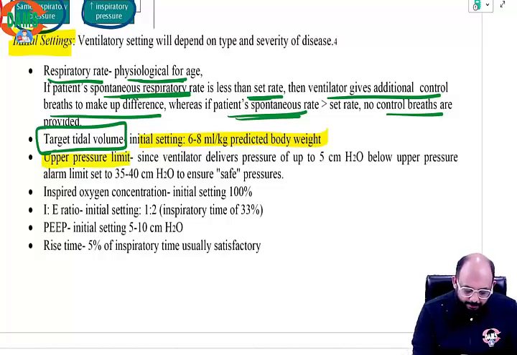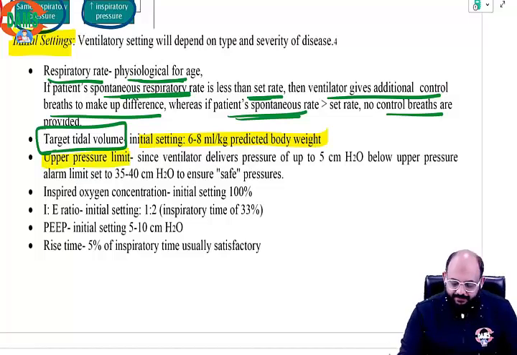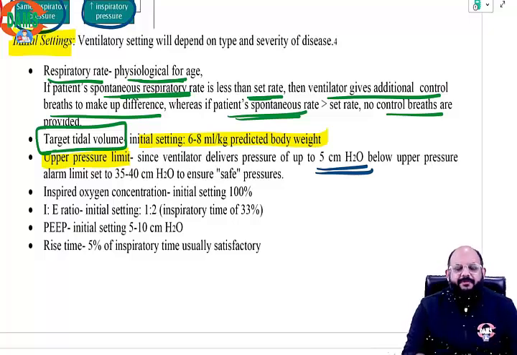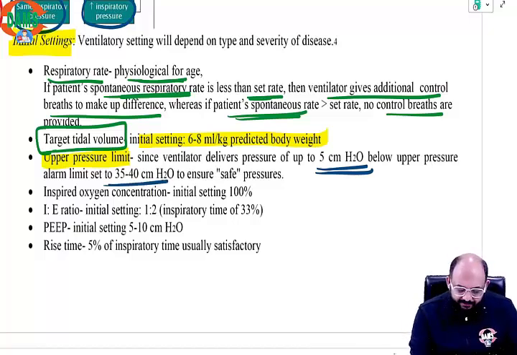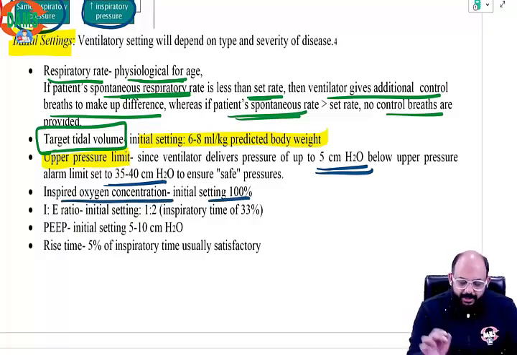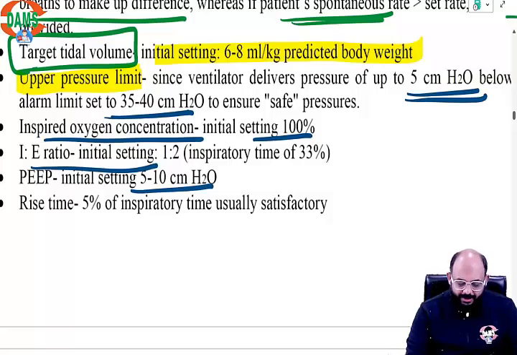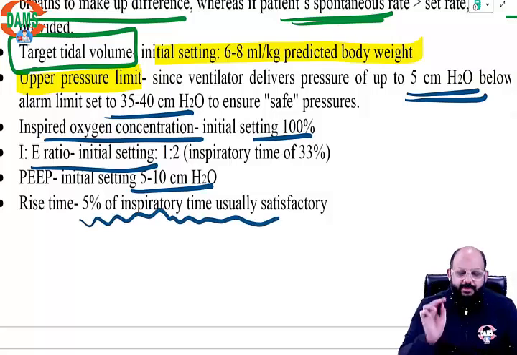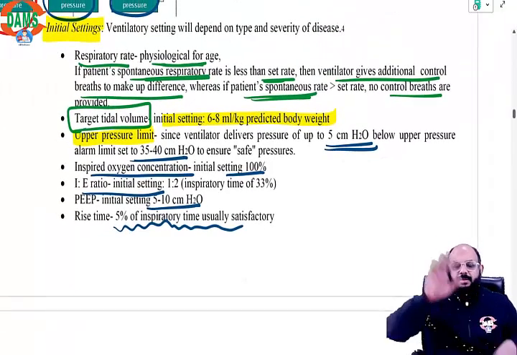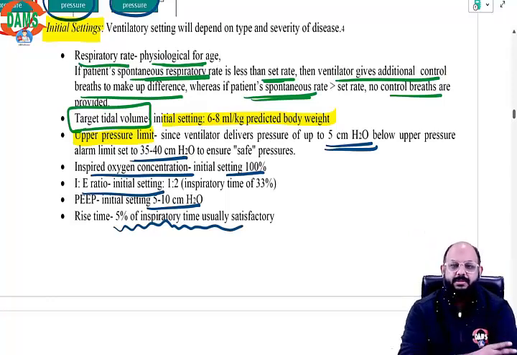Then you set the upper pressure limit, and the ventilator will always deliver 5 centimeters below the upper pressure limit, which is usually set between 35 to 40 to ensure it is safe. Then initially 100% FiO2, inspiratory expiratory ratio usually 1:2, PEEP 5 to 10, and rise time is 5% of inspiratory time, which is usually satisfactory for how much time the pressure should take to rise.